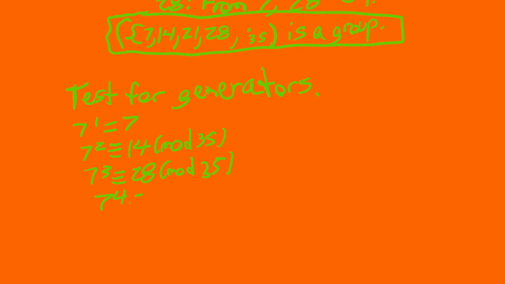And 7 to the 4 is logically equivalent to 21 modulus 35. And this means that 7 is a generator. So the group is cyclic.